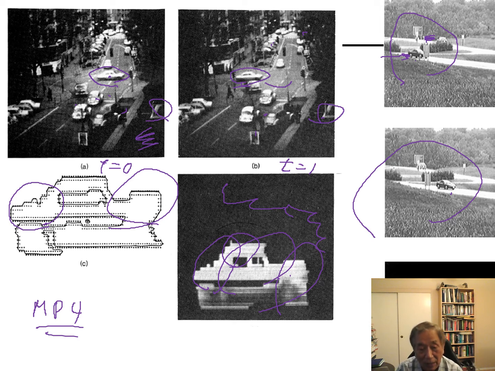The reason MP4 saves space is that it gives the original picture in full pixel values. But for the next one, anything that didn't change doesn't get any value, except that we say those things have changed. So they used to be this value, but now are changed to this value, and this one changes to this value. Only those changes will be recorded. So there's a method of encoding.